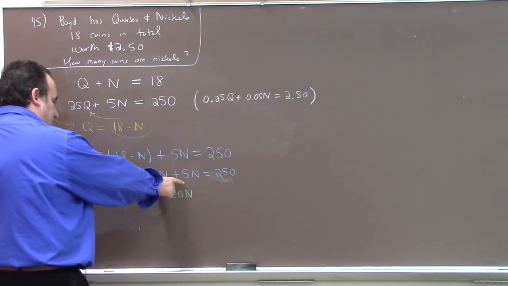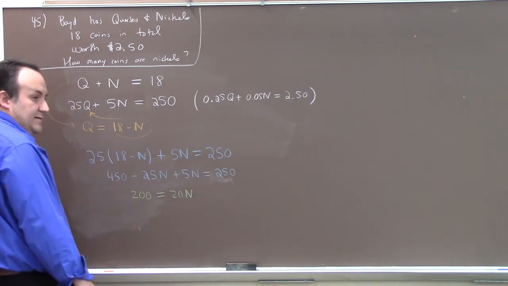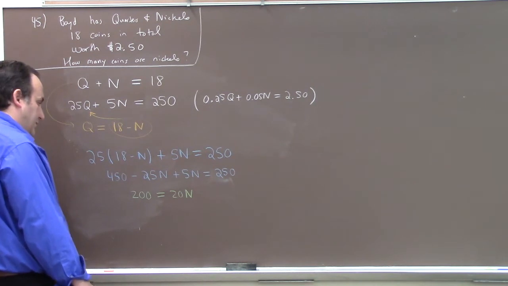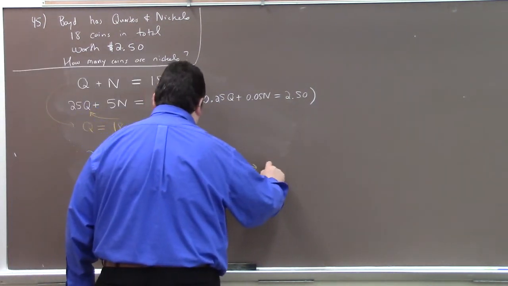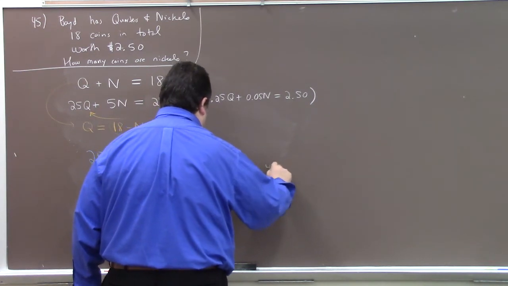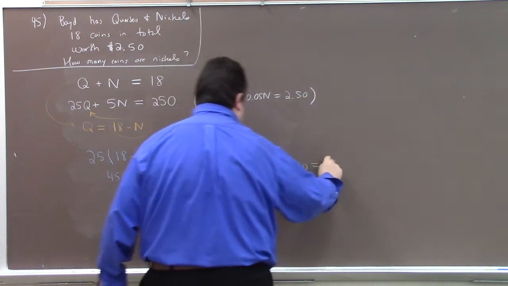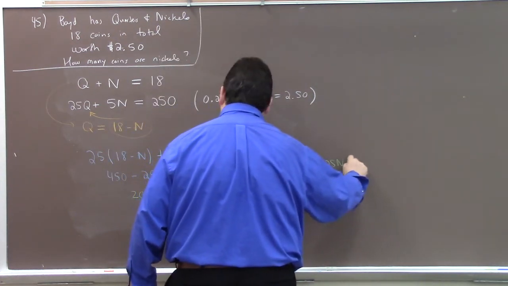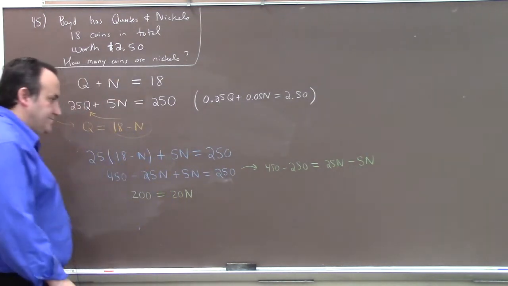And then when I bring them to the other side, it gives me 25 minus 5, which is 20. So if you like, we can make another in-between step. This would be 450 minus 250 is equal to 25N minus 5N, which then gives you this.